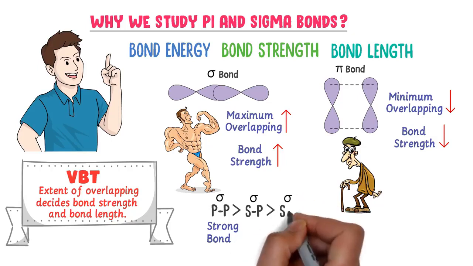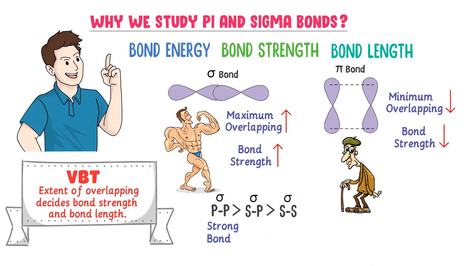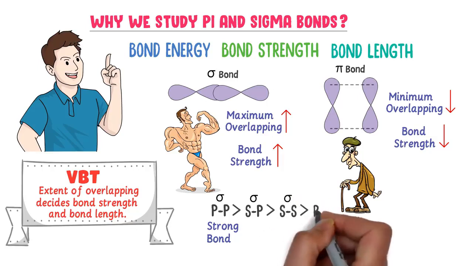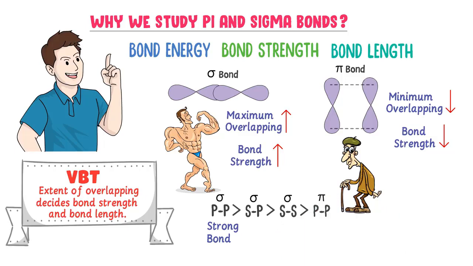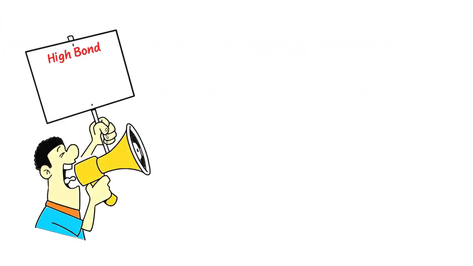Thirdly, the sigma bond of ss orbital has lesser bond energy than sp overlapping. And finally, the pi bond of pp orbital has smallest bond energy because the extent of overlapping between them is smaller. Now remember that the higher the bond energy or the bond strength, the smaller will be the bond length.